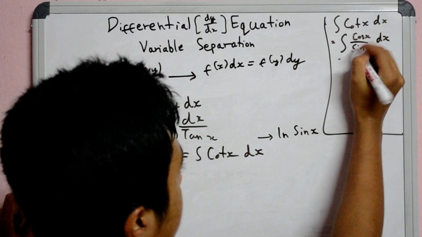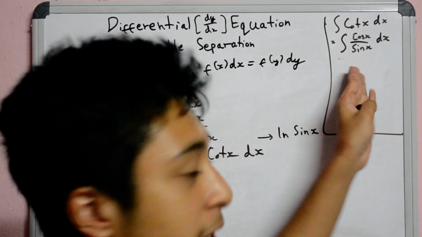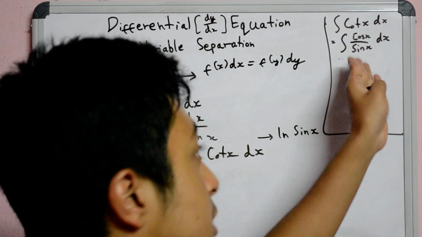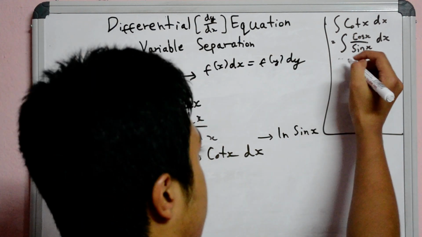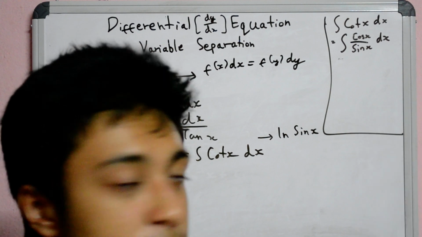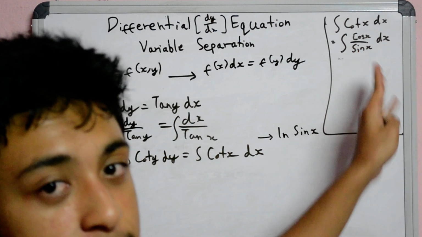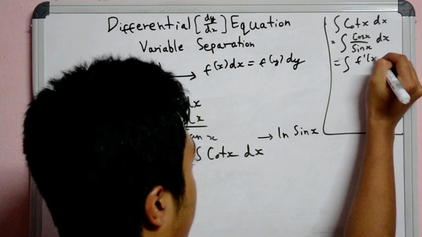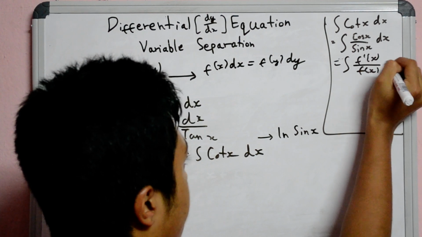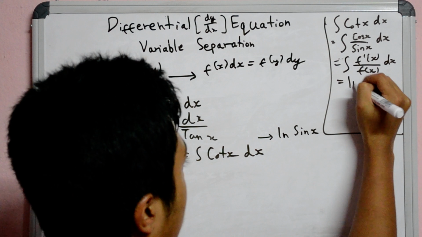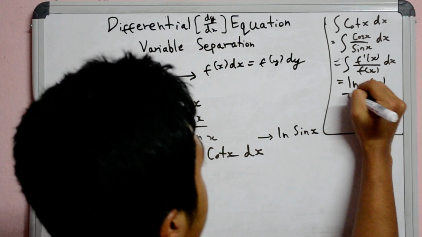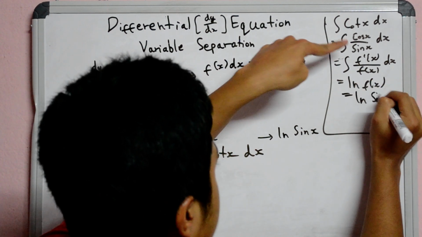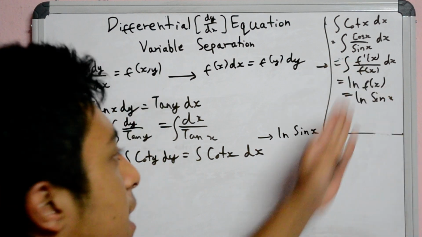You can let u equals to sin x, then du equals to cos x dx. So you have the integration of du by u, which is ln u, which is ln sin x. You can also write this as the derivative of a function by the function, which is the log of the function, and here the function is sin x. This is an identity.